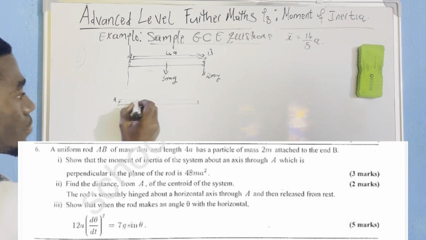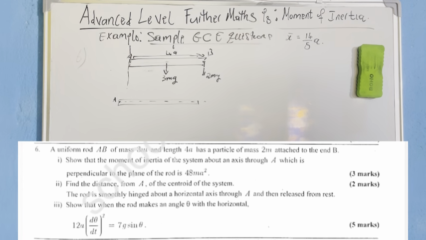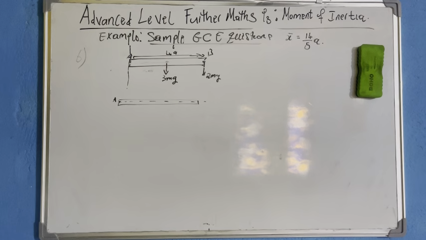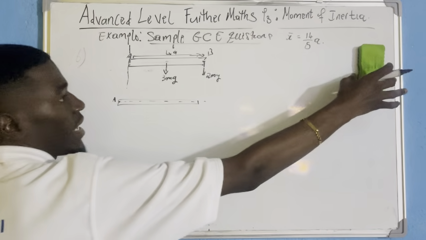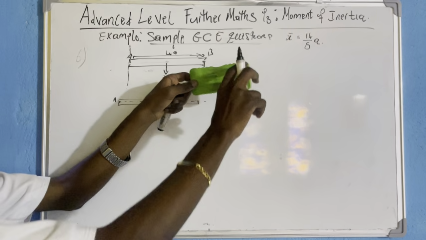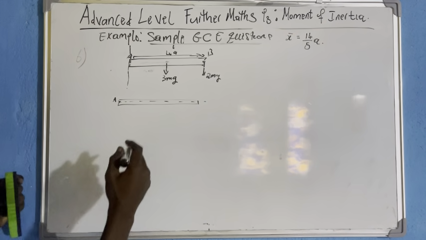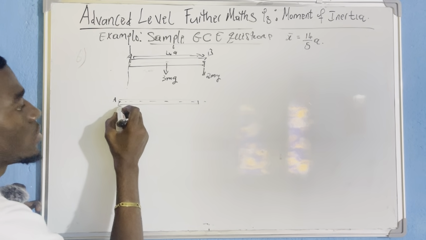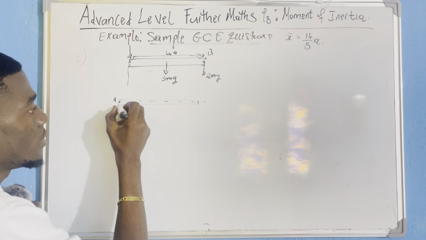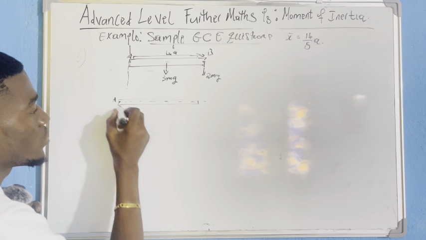Then from that equilibrium position, we leave it to rotate. We release it. Immediately I release it, it starts rotating. It will rotate and form another position here. Let me draw the position.